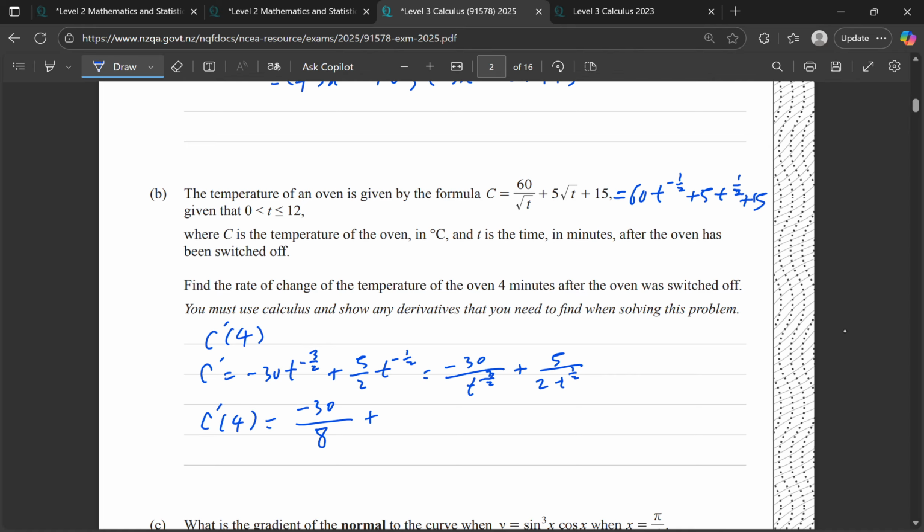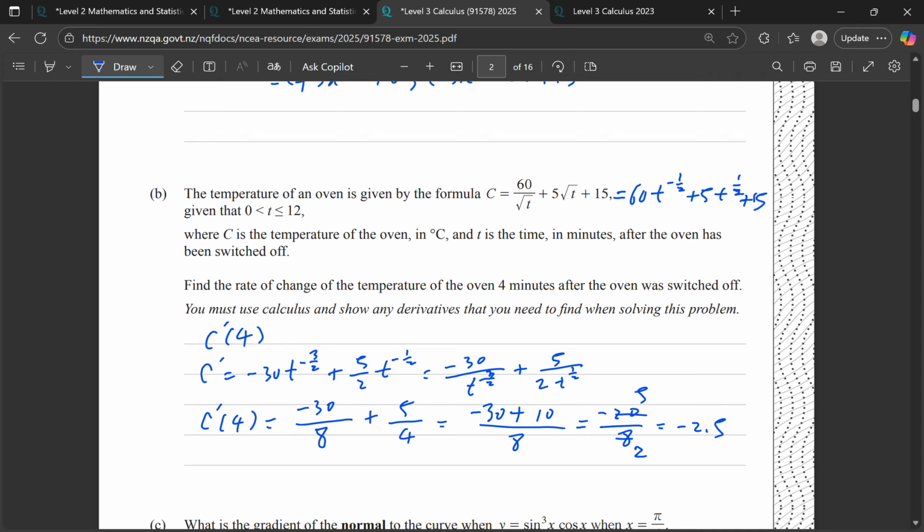And then this is 5 over, again, square root of 4 is 2, so 2 times 2 is 4. And we add these two fractions. So minus 30 over 8 plus 10 over 8, which is minus 20 over 8, which is minus 5 over 2, which is minus 2.5.